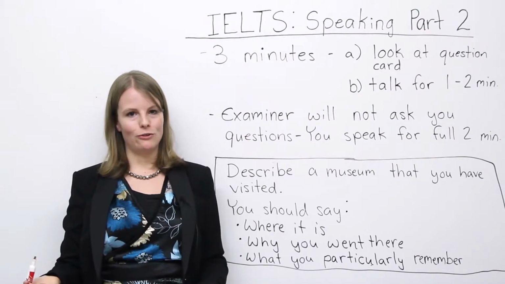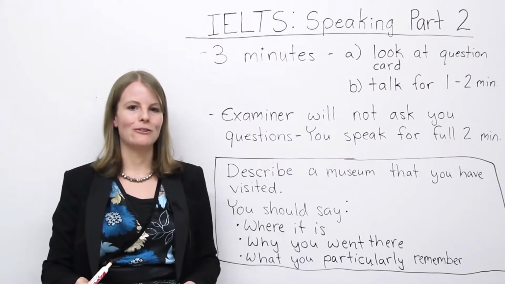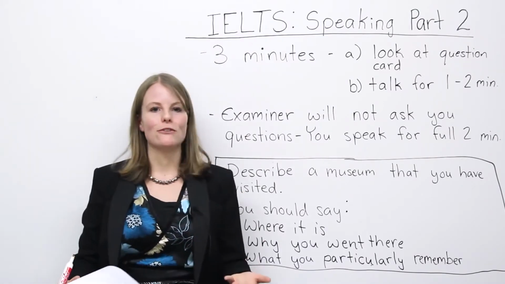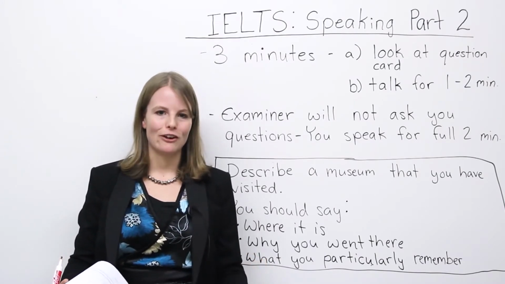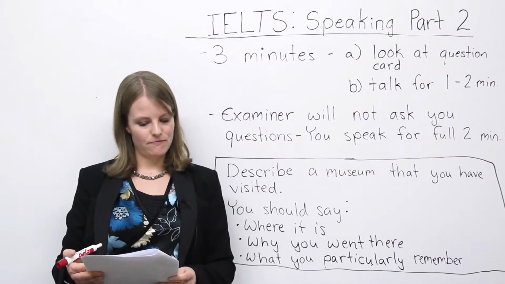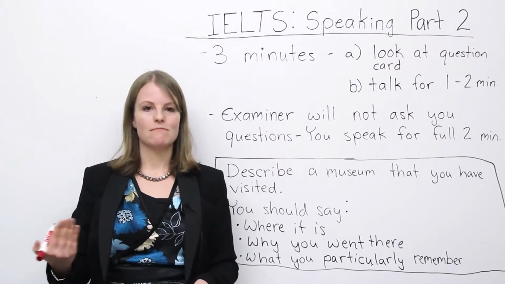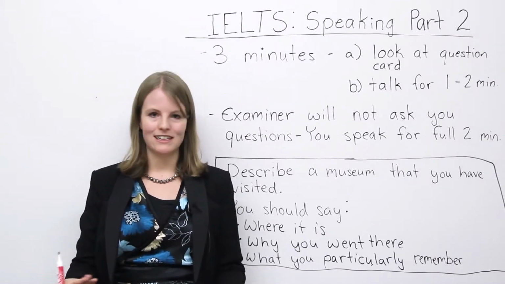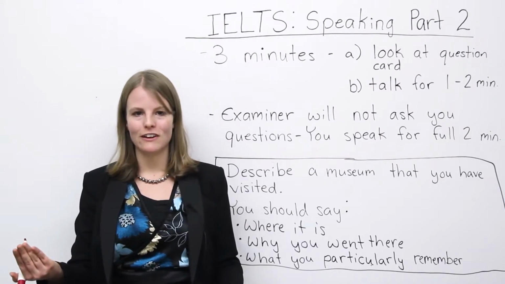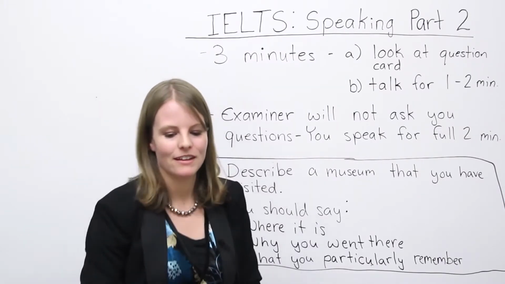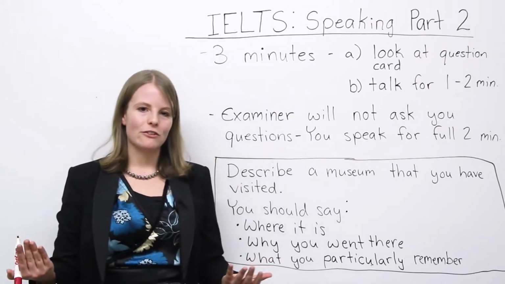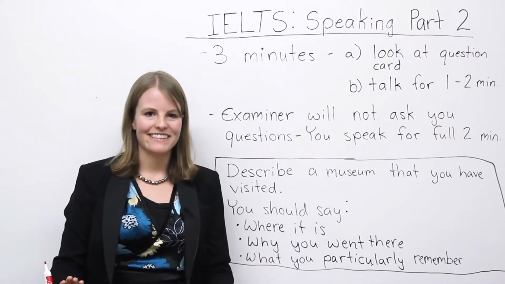People who have influenced you. For example, they might ask you to describe your favorite teacher. What was she like? Why was she so great? You might be asked about a book, music, television program, a movie you saw, or even items of clothing. Okay. So sometimes you're asked about historical buildings.